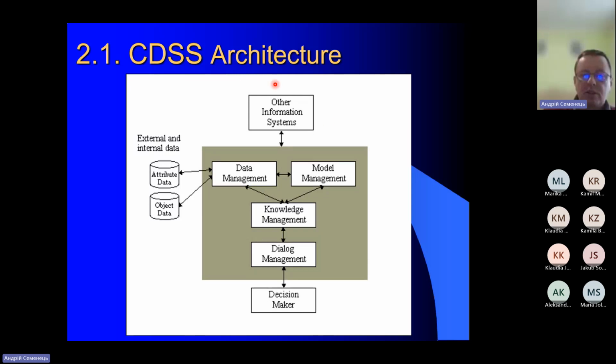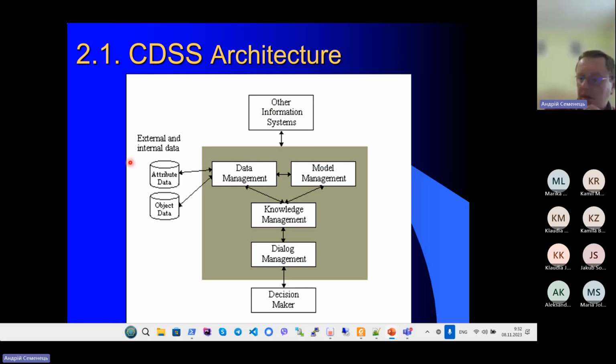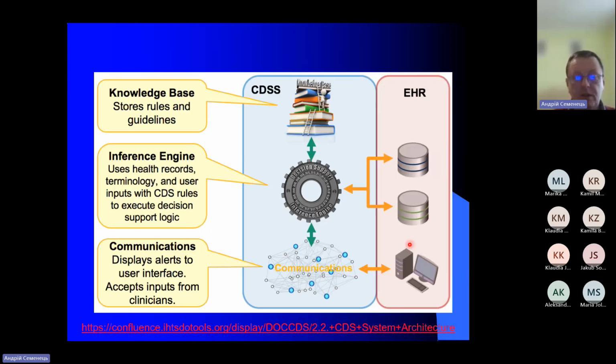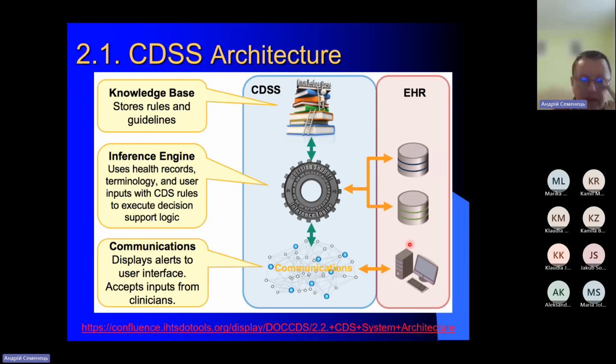But usually we also need an interface with other information systems, especially a medical or hospital information system, to access patient data. And of course the user, in this case clinical professionals who are designated to make decisions on this specific case, through the dialogue management component deal with all three key components: data, model, and knowledge management components, which have to work together.